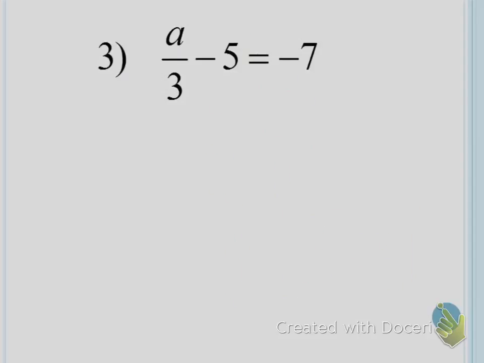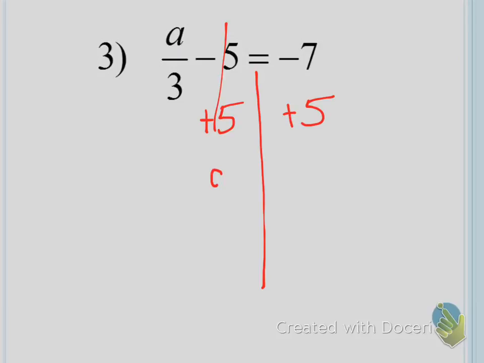Alright, how do I start this? I am going to add 5 to both sides. You want to undo the adding and subtracting first. So that goes away. I have a divided by 3 equals, that's negative 7 plus 5. The signs are different, so you subtract the numbers, keep the sign, and you get a negative 2. Now what?